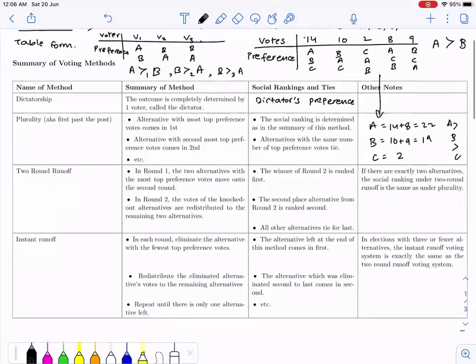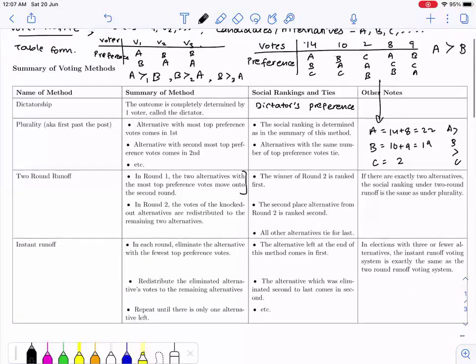Okay, so next one is two-round runoff. This is also a very common voting system in many elections. So this happens in 2 rounds. So in round 1, you do a plurality vote and just look at the top 2 candidates.